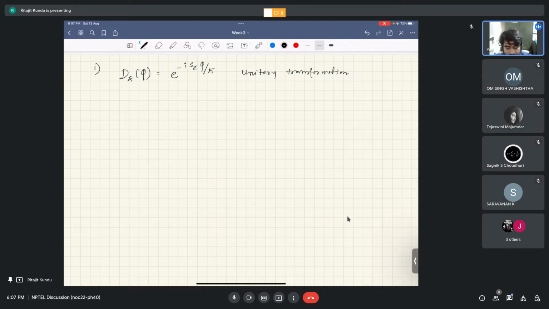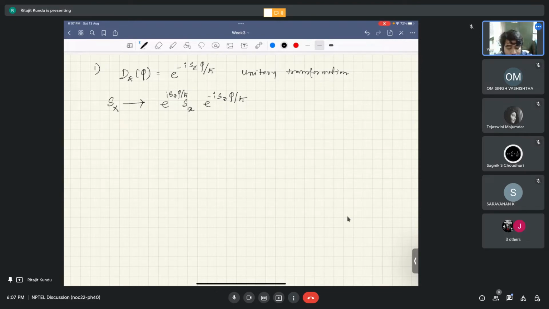So now the question is, if this is my transformation, how does Sx look like? If I do this operation on Sx, I'll sandwich the Sx between these operators, so I'll act with e to the power minus i Sz phi by h bar and e to the power i Sz phi by h bar from this side. This is how the operators change under this unitary transformation. You have to apply from both sides.